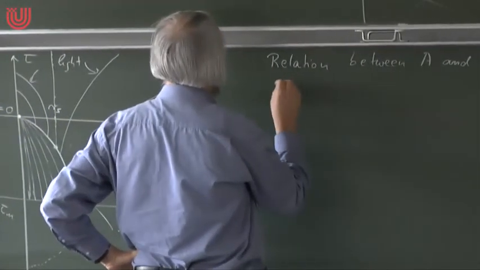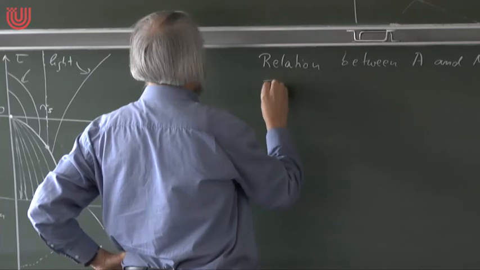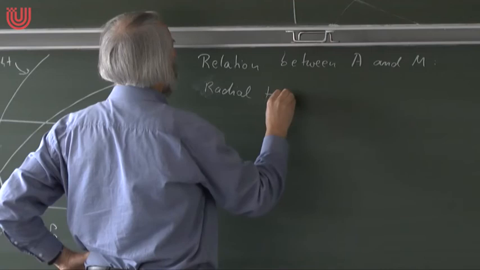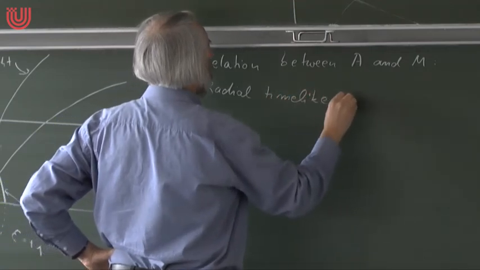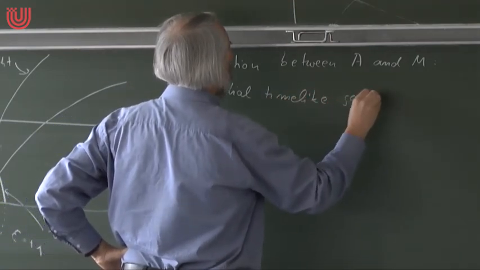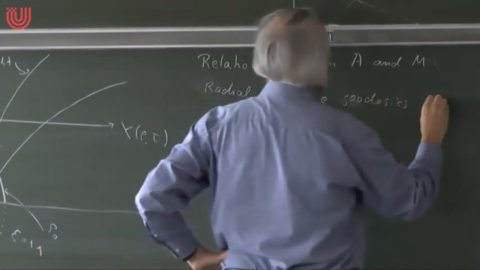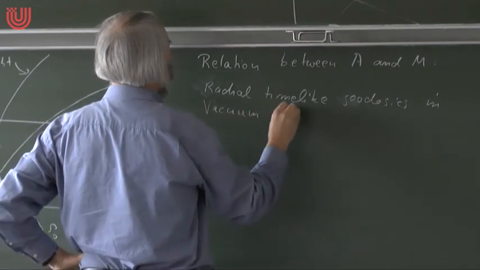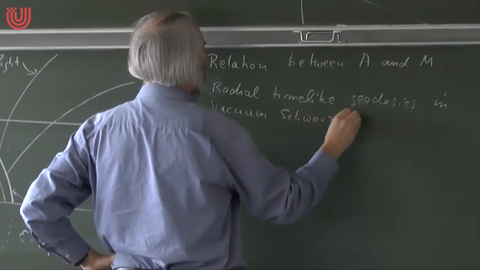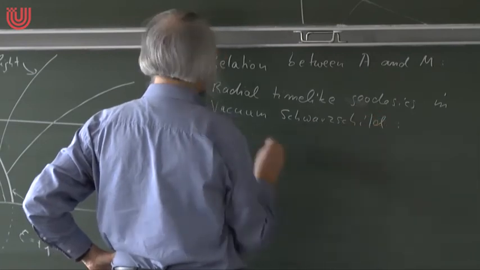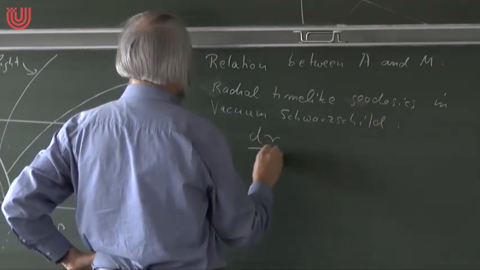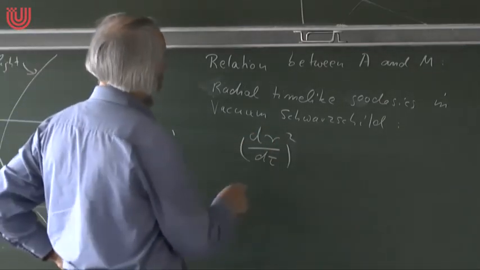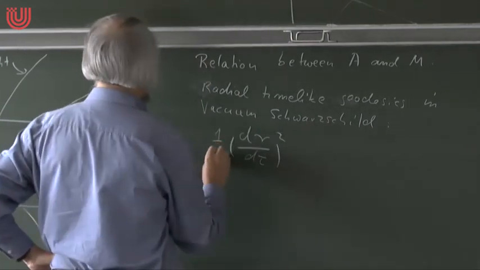And for freely falling, or let's say for radial time-like geodesics in vacuum Schwarzschild, we have actually derived the equation of motion. We have calculated this expression, and we have found that, wait a minute, that's the velocity, so I need a 1 over c squared.